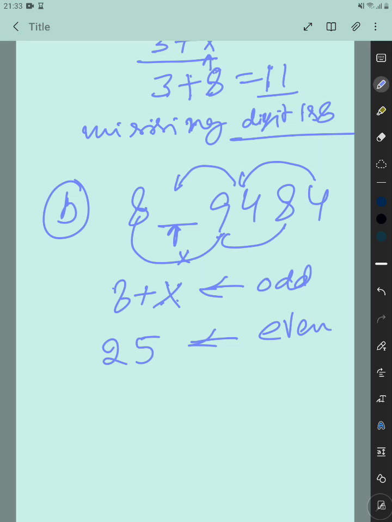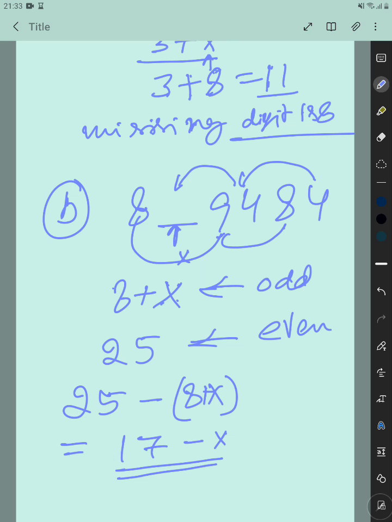Now we need to find the difference. What will the difference be? The difference will be 25 minus (8 plus x). If you subtract, then you will get 17 minus x. We need to make it a multiple of 11.